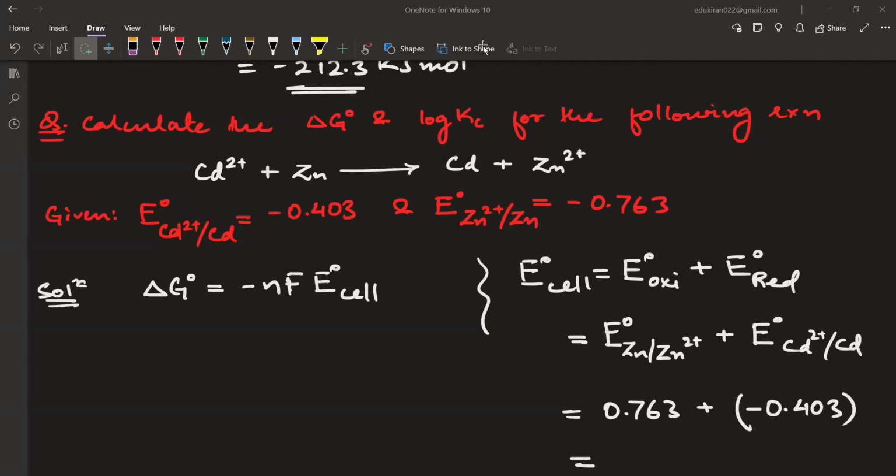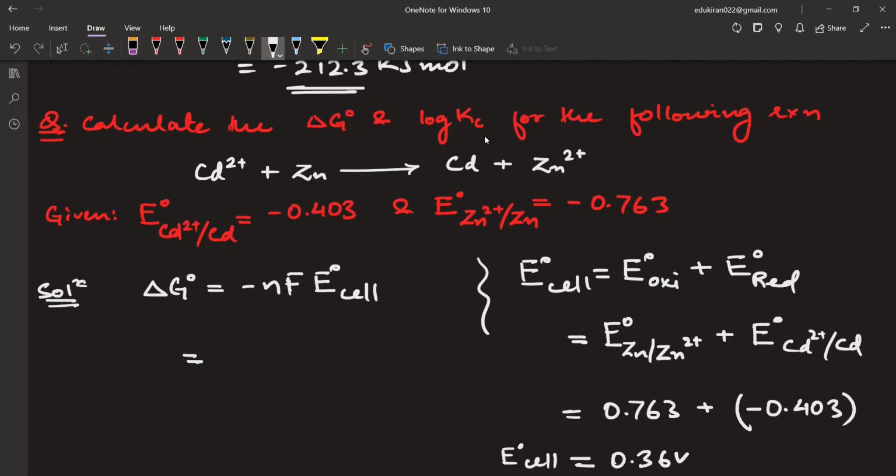Okay, Sarah, I think that is correct. Fatima, correct. Waiting for Ahmed. Very good. So E naught cell is equal to 0.36 volts. Now what we will do? Substitute the value. अब बताइए डेल्टा जी नॉट कितना आ जाएगा कैलकुलेट करके. How many electrons are getting used?